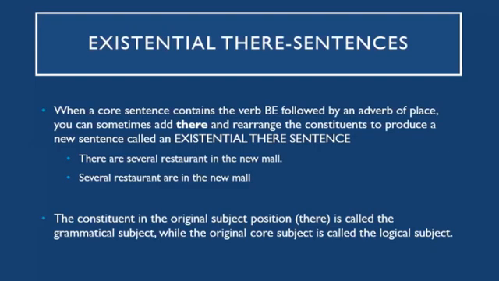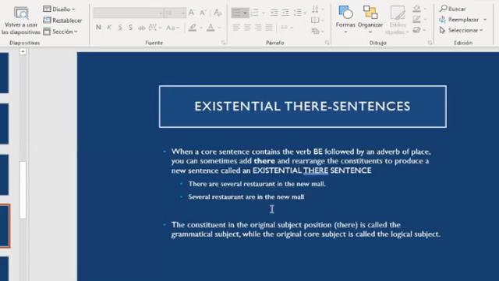There is the subject because it's before the verb, and subjects go before the verb. So you say, this is the grammatical subject. But if you rearrange that sentence, you would have the second reading.